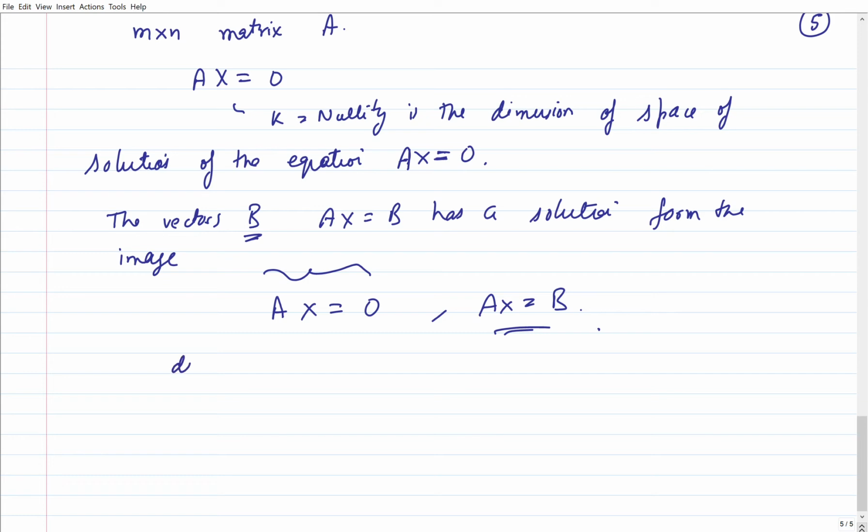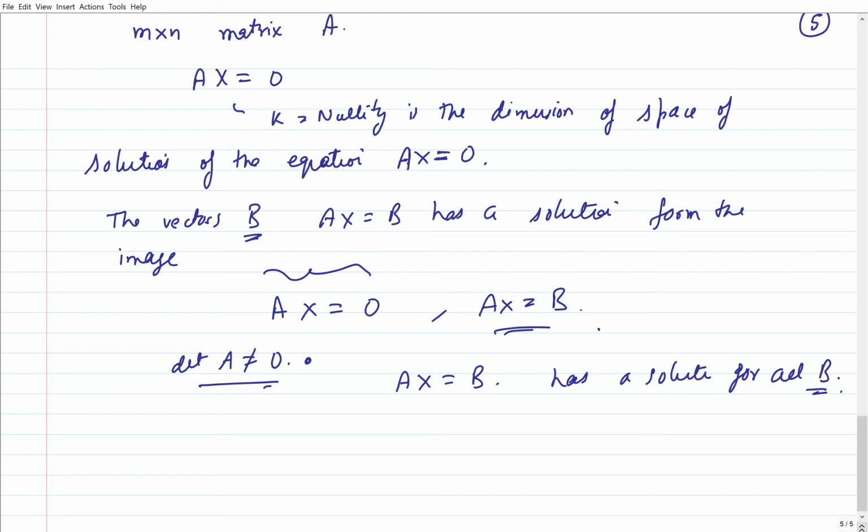That means the determinant of A is not equal to 0. So when the determinant of A is not equal to 0, we know that Ax equals B has a solution for all B.